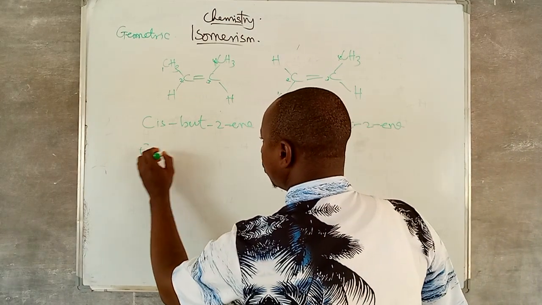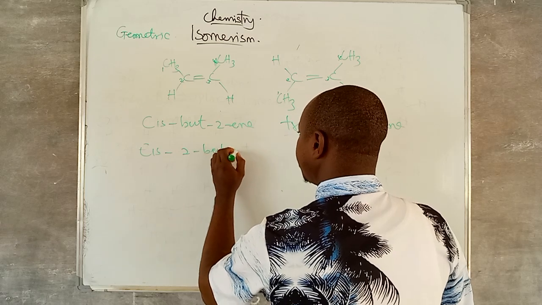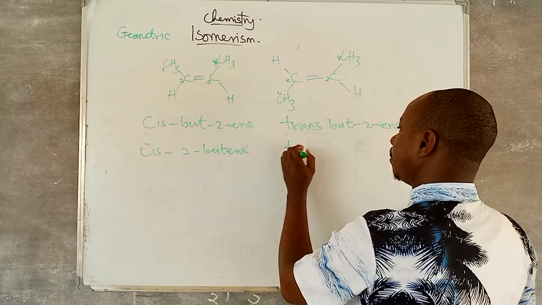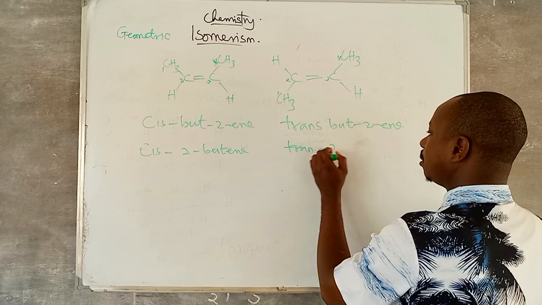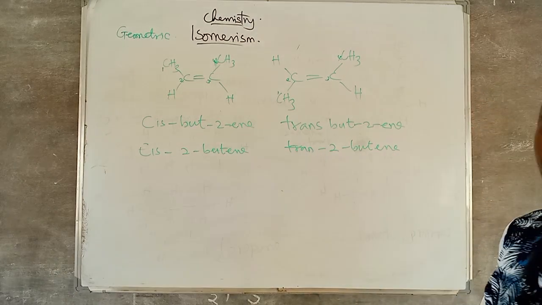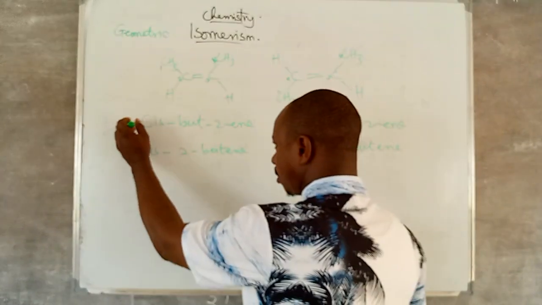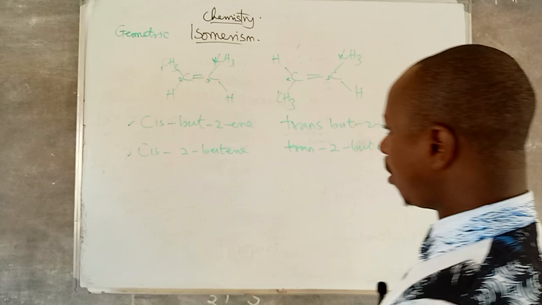Also, this one can go cis-2-butene, and trans-2-butene. I'm giving you options in case you see anyone, they are correct. This one is correct, this one is correct, depending on how they wrote it.